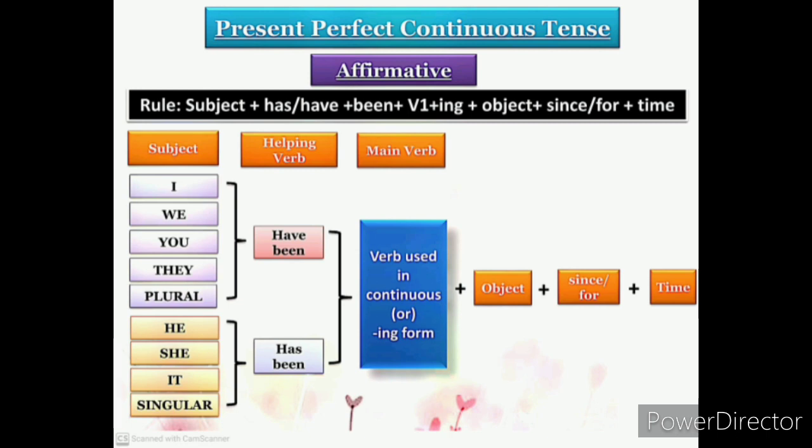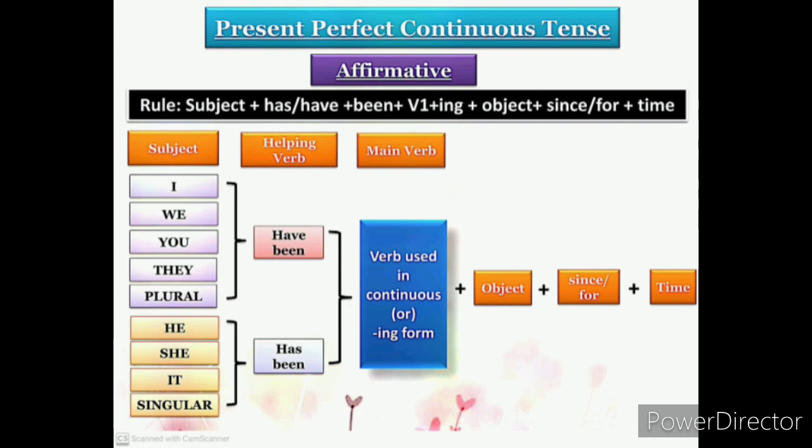Next is present perfect continuous tense. Rule of affirmative sentence. Subject plus has or have plus been plus verb first form plus ing plus object plus since or for plus time. With subject I, we, you, they and plural, we use have been, then verb first form plus ing plus object plus since or for plus time.